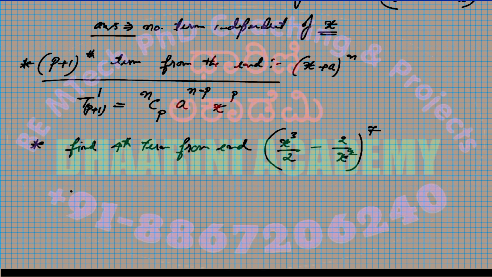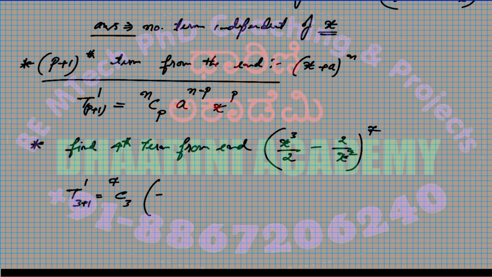So notation t dash. 4 is equal to 3 plus 1, so this is 7C, the p value that is 3, 7C3.